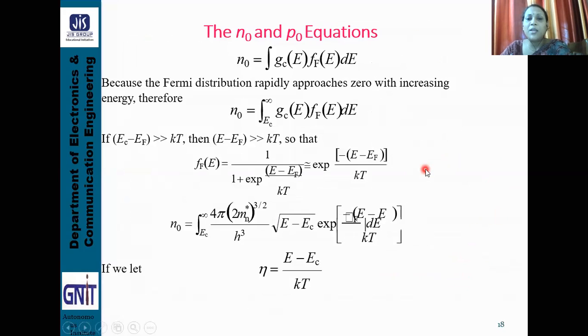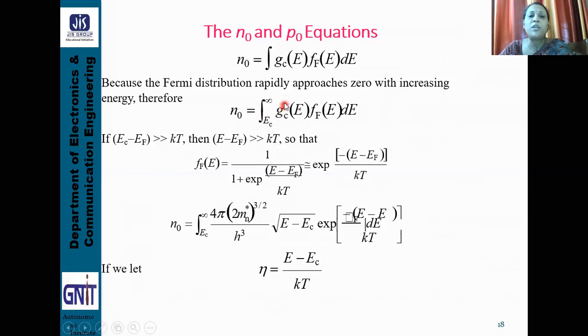Moving to our next slide, this is the n0 and p0 equation. n0 can be written as the total electron concentration in the conduction band, as the limit has been provided here. All the nomenclature was already mentioned in an earlier slide. The limit of the integral can be put here as EC to infinity, because we don't know how far the conduction band extends.